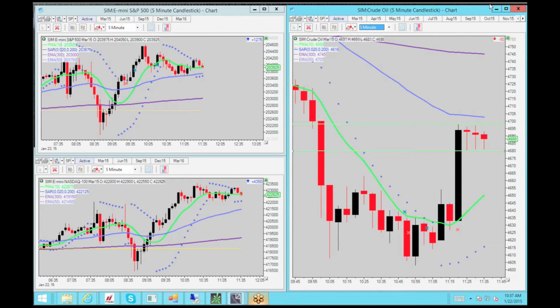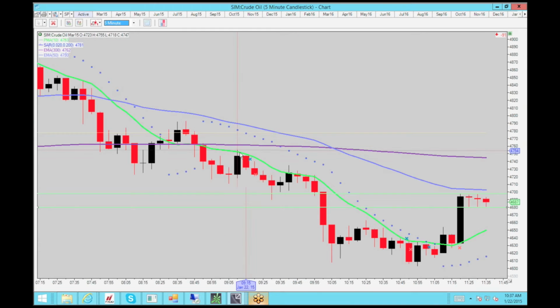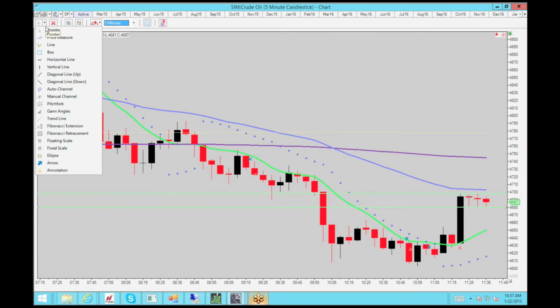So you can see on a 5 minute, we had a leg lower, higher, leg lower, major leg lower. It's coming down, and now that's when we start seeing trend reversals, is when the lows compared to the previous lows aren't as dramatic. So you're seeing all of this kind of a turning point here in the market.